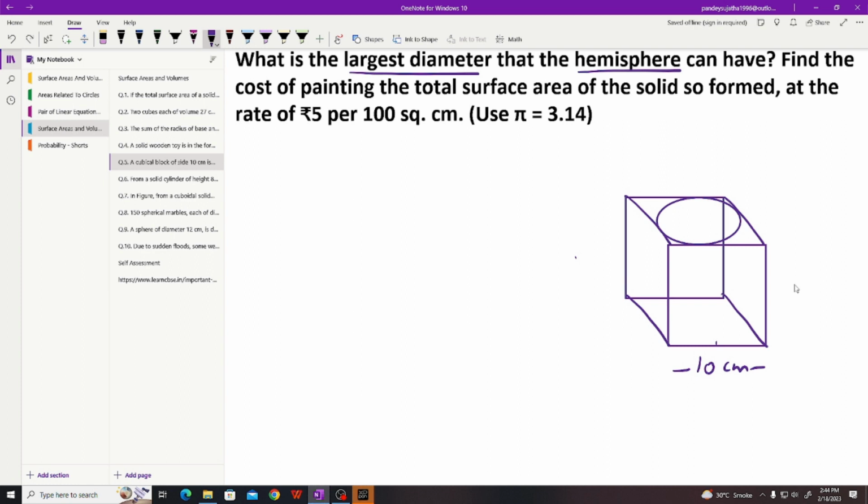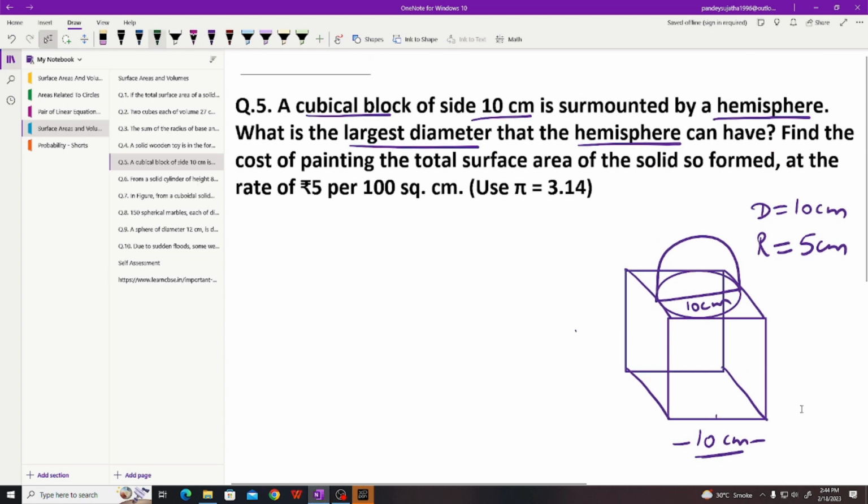So let us see what will be the diameter of the circular base of the hemisphere. So I think you're able to observe here. The diameter of the circular base of the hemisphere is equal to the side of the cube, that is 10 centimeter. Then the radius is half of the diameter, that is 5 centimeter.